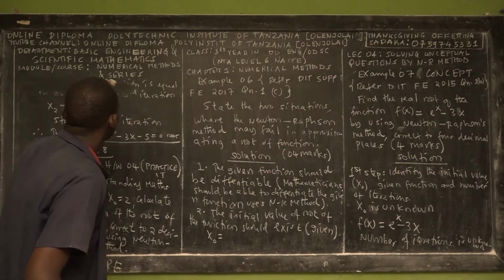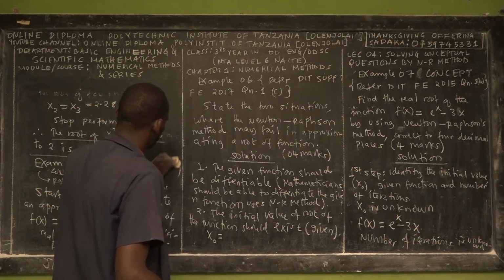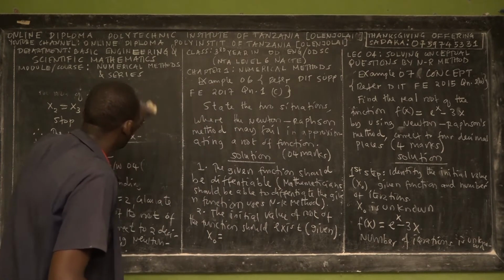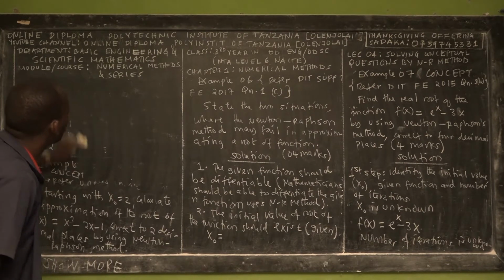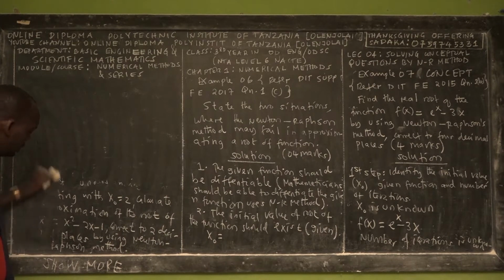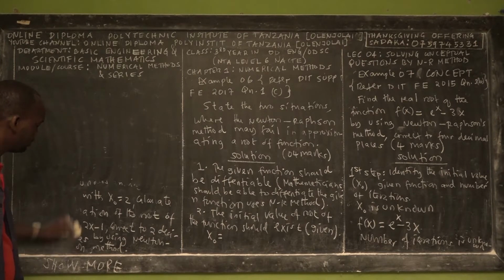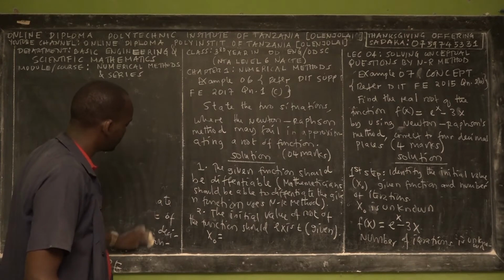So you don't know the number of iterations that you should perform, and you also don't know the initial value. Can you use the Newton-Raphson method to solve such a problem? It depends on the level of your understanding. You may think that you cannot solve it because the initial value is not given.